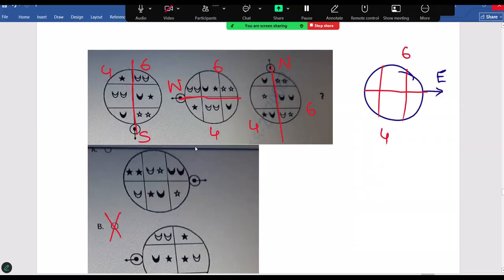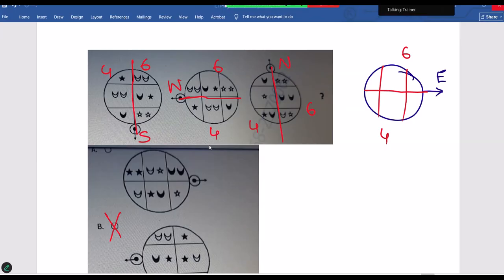Now we have to analyze that. Stars: 4 stars, 1, 2, 3, 4. Then 1, 1, 2. Here 2, 1, 2. Okay, we have 4, 5. I think you can see this better from the analogy concept point of view.